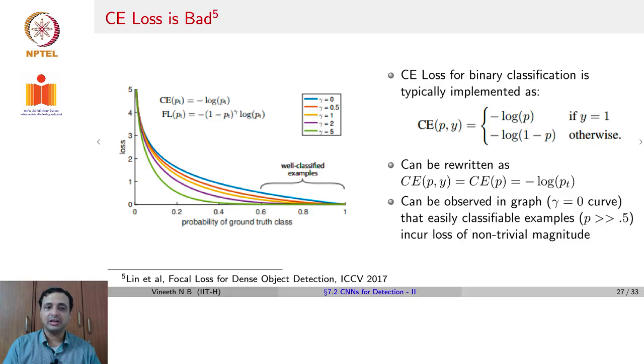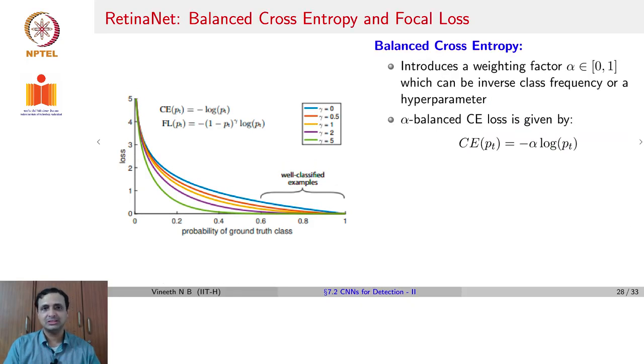So what RetinaNet with focal loss proposes is, one, you could do a balanced cross entropy where the log loss, minus log pt, is weighted by some quantity alpha, and alpha can be given as some inverse class frequency. That's one way to do this.